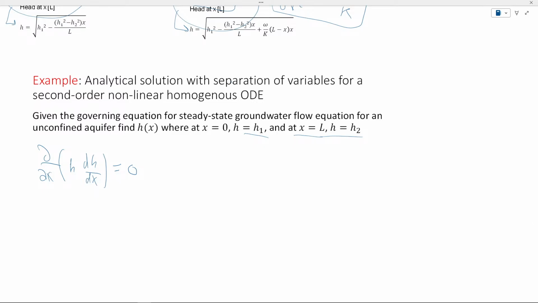I have to integrate the left-hand side, d/dx of h dh/dx. Here we actually don't need the partial derivative because this is now an ordinary differential equation, as we have only one independent variable. The partial derivative and total derivative basically mean the same thing here, which makes no difference. So I can just use the total derivative: the integral of 0 dx.